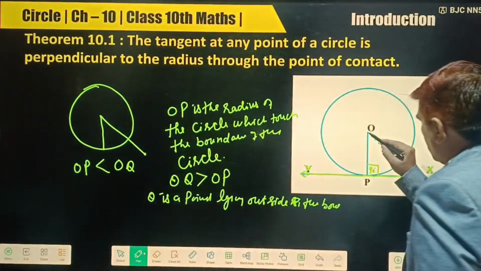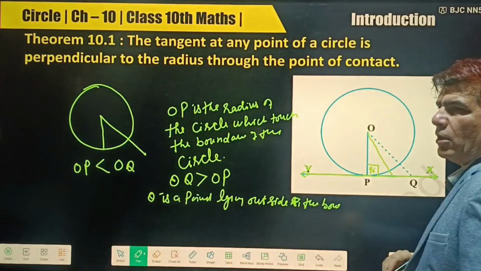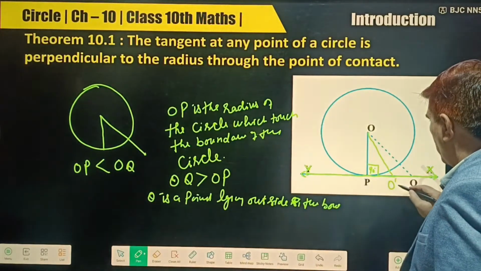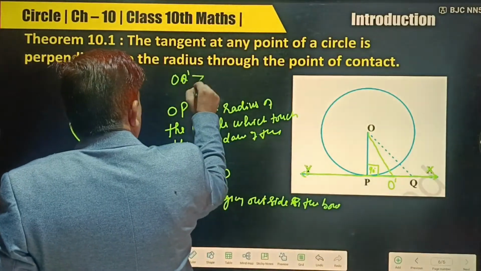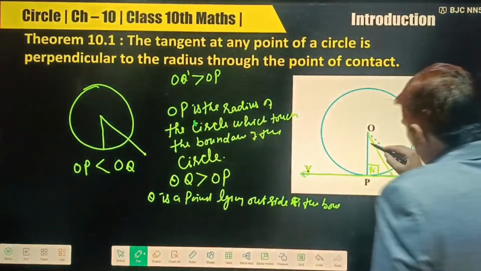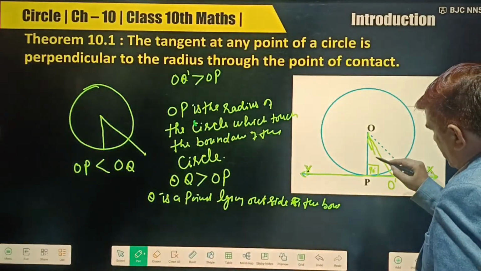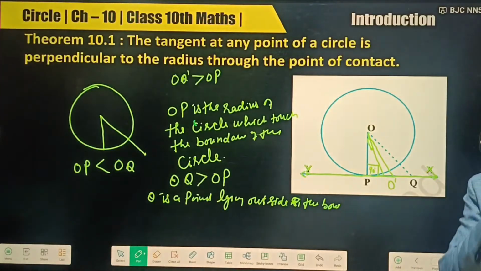We take another point, which also lies outside the boundary, OQ dash. So OQ dash is also greater than OP. The reason is the same. You can take a point however close to it, but not lying on the boundary, lying outside the boundary.